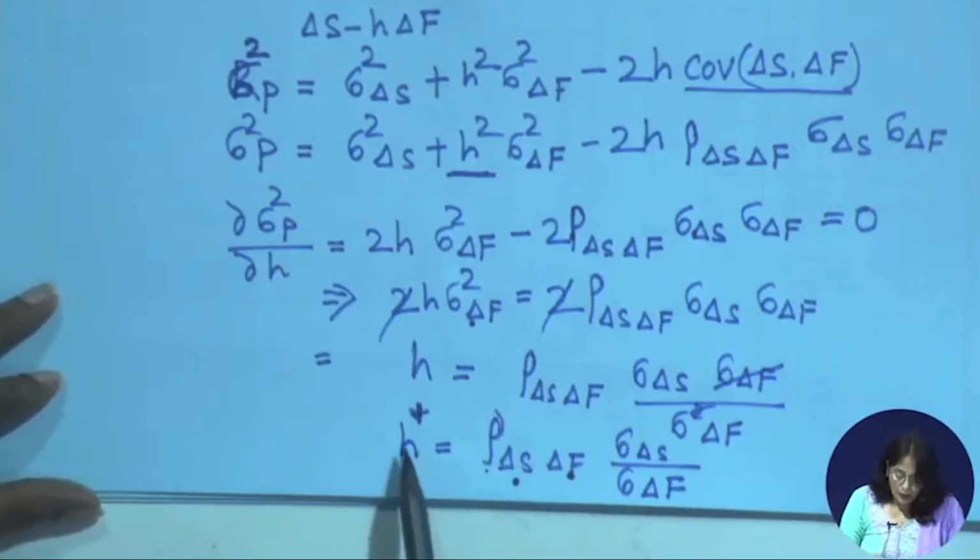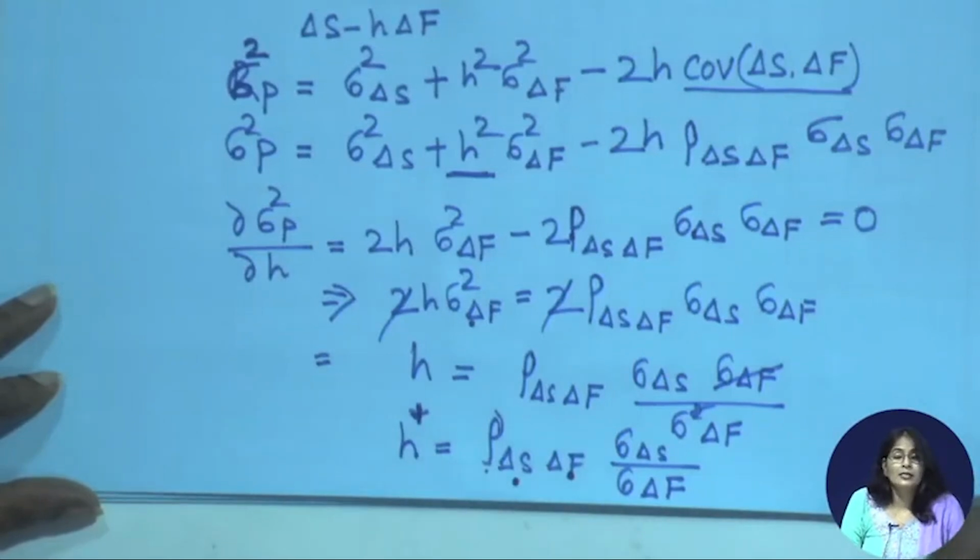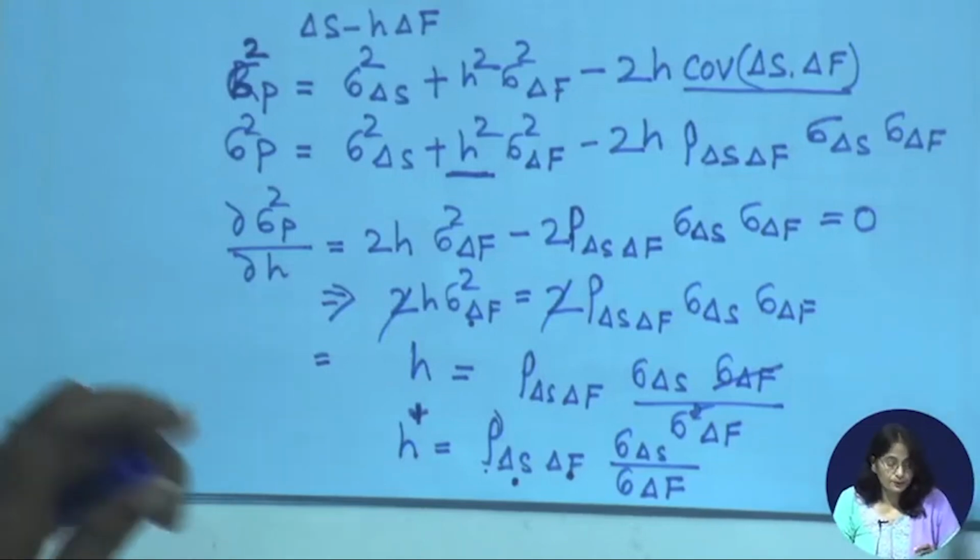That is the value of H. Let's say we are going to get a value of 0.6. That means for every 1 unit of asset a producer is owning, he should use 0.6 units of that underlying commodity for buying futures or for taking a futures position.